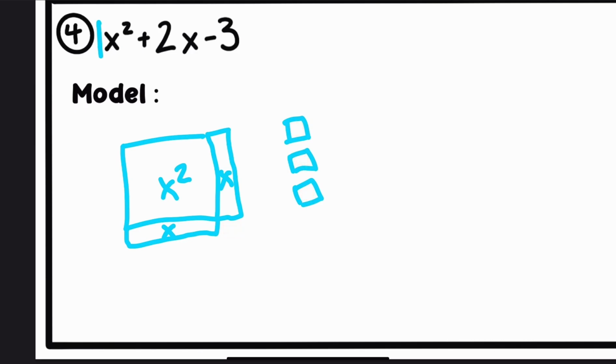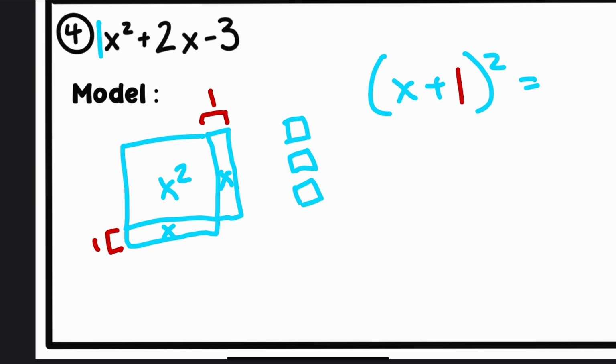So when I go to write my equation, where I had x and all that stuff, I'm going to count how many x's I have on the sides. I had 1, so I'm going to write 1. And then I had 1, 2, 3, 4 missing pieces.